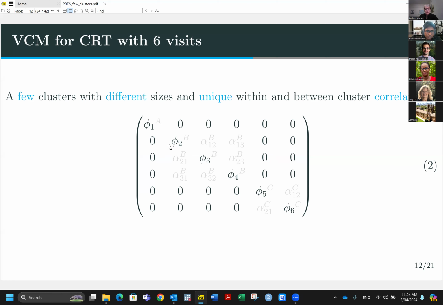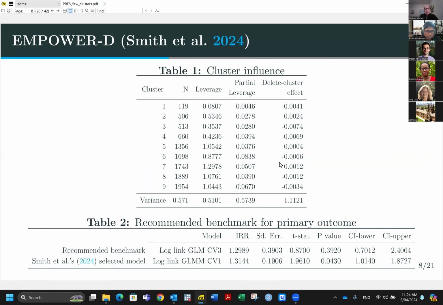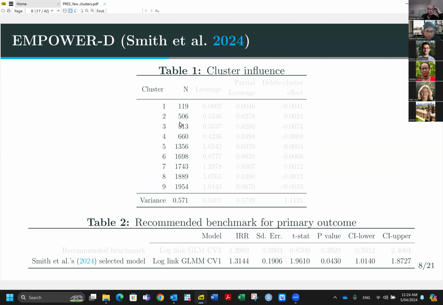This diagnostic would be able to ascertain that, for example, cluster correlation. When you use leverage and partial leverage, that would account for all sorts of things because it's distribution free.